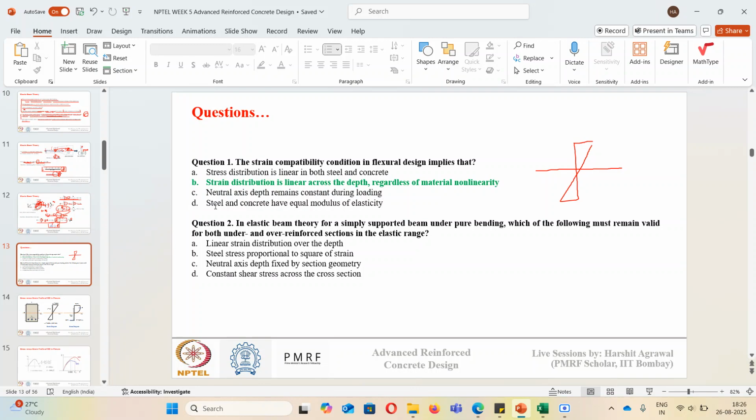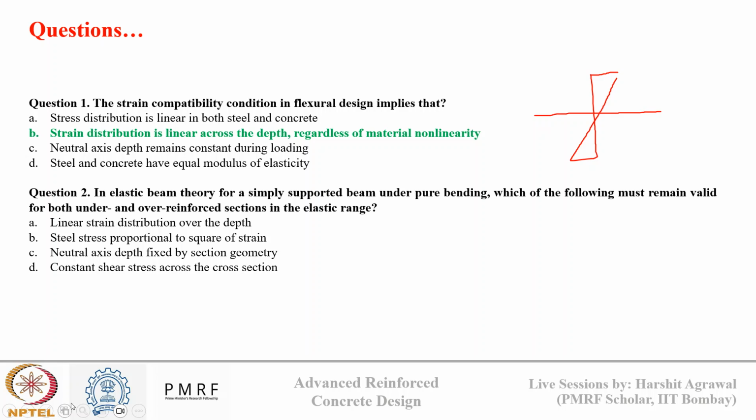The stresses that are resisted by steel and concrete are different, like we saw in the axial behavior. The strain in steel and concrete is the same at a section. So suppose my reinforcement is present at this section. The strain acting on concrete here and reinforcement here are the same, but how much they are resisting to that strain is different.